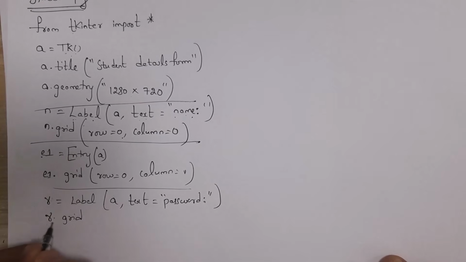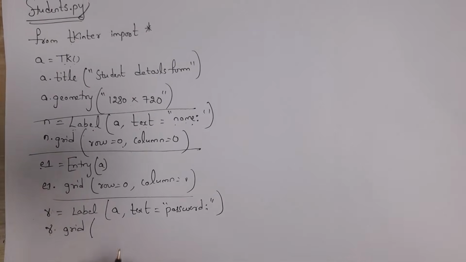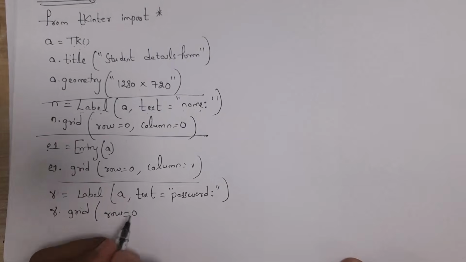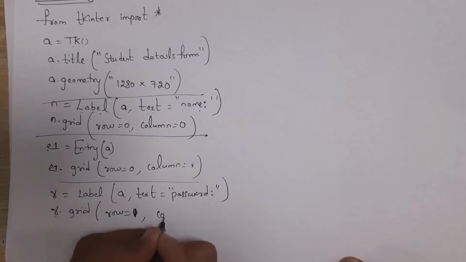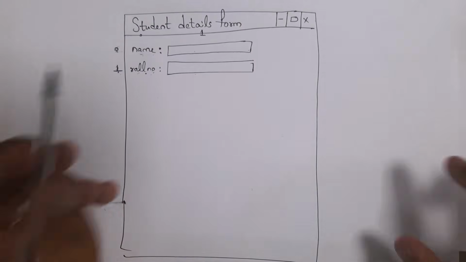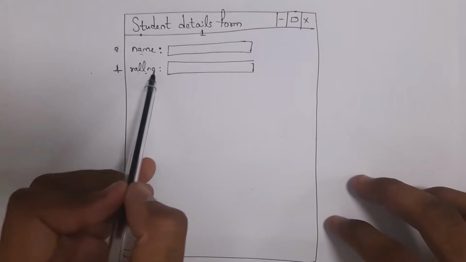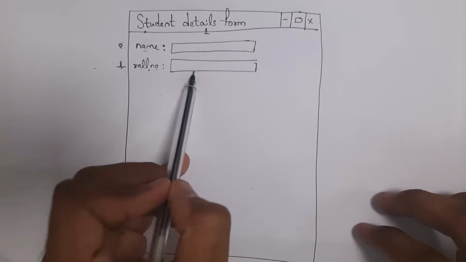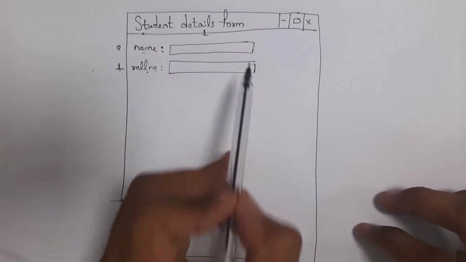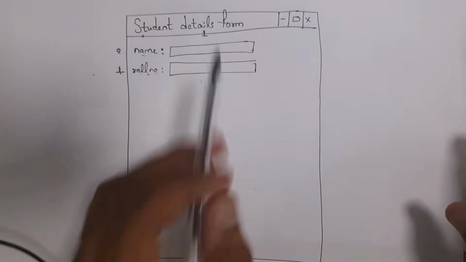I want to place this in the second row, first column. So just write here row equal to 1 comma column equal to 0. Whenever I run this line of code, it will place my roll number in the second row, first column. Similarly, beside roll number, I want to create one entry box. So row equal to 1 and column equal to 1.